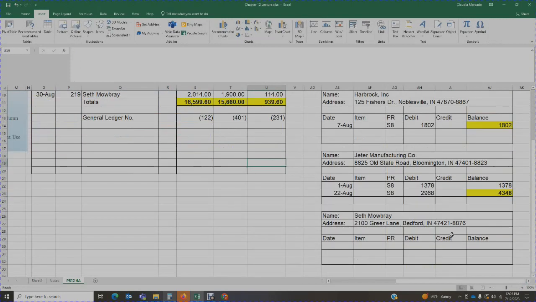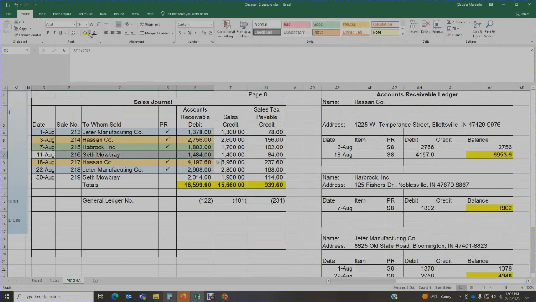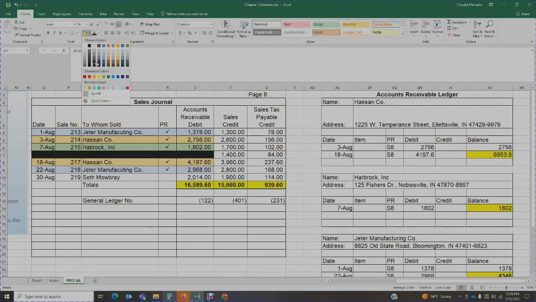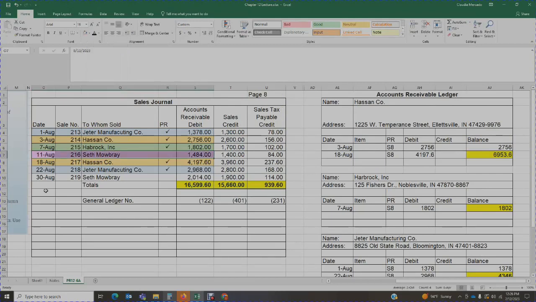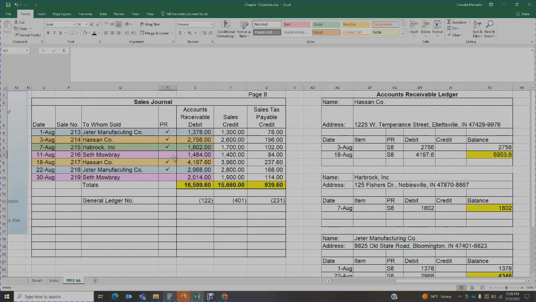And then we have Seth. We've got 2 entries for Seth. The first one is on August the 11th, sales 8, and then we've got 1484.